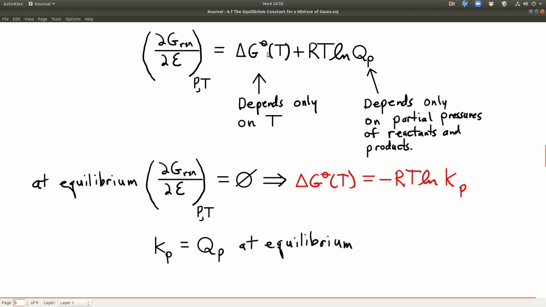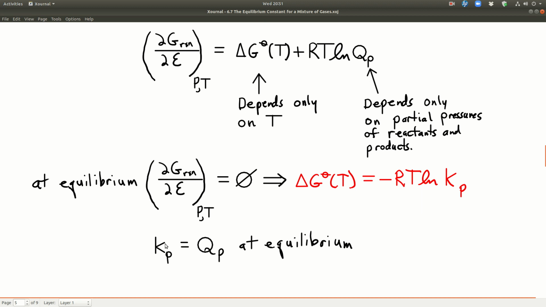So looking at this equation, we know that when this system is at equilibrium, partial G with respect to extent is equal to 0, which means that this term here is equal to negative this term here. When we're at equilibrium, we have a special name for Q sub P, the reaction quotient, and it's the equilibrium constant, K sub P.